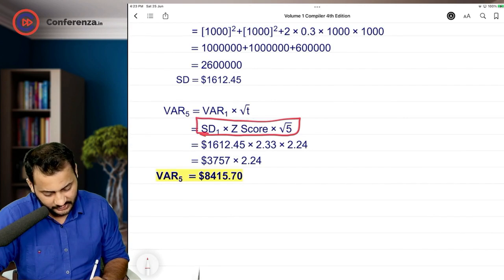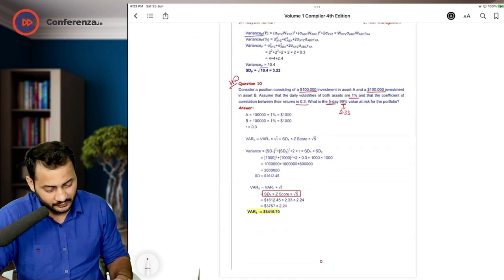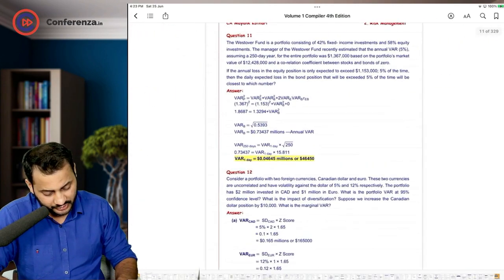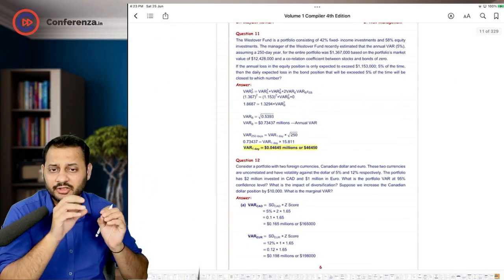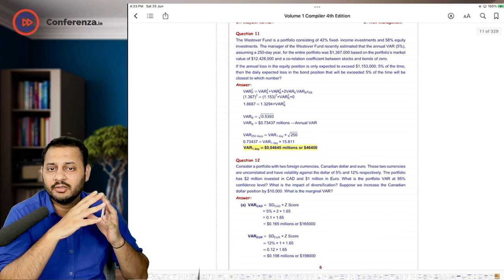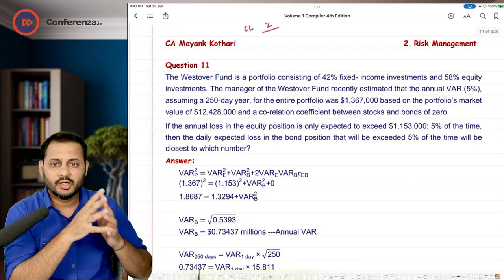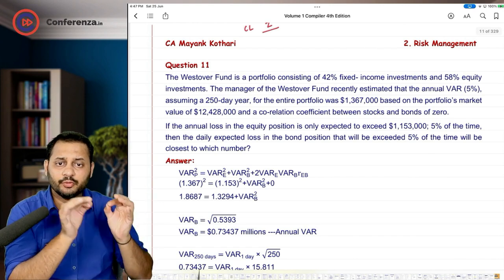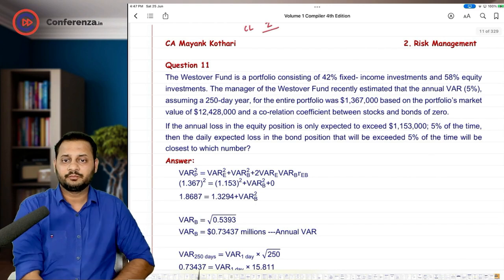This is the formula that we used in this example, the one we have just solved. Shall we move to question number 11? This is an interesting 11, 12 and 13. All the three questions are a little different, but this is going to be an interesting one. So have a look at question number 11. The Westover fund is a portfolio consisting of 42% fixed income investment.